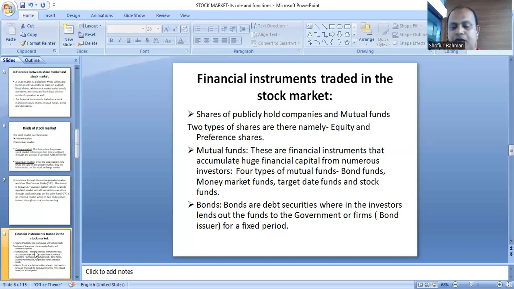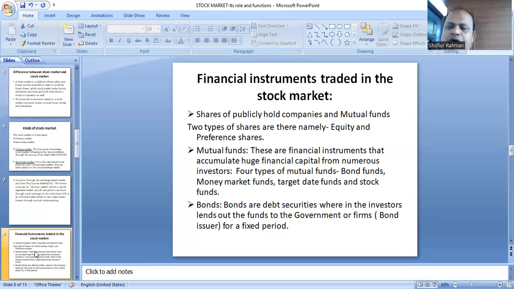And bonds are debt securities wherein the investor lends out funds to the government or firms for a fixed period. Actually, bonds are like that. When a company issues a bond, the company promises a certain amount of interest, which the company will pay to the bondholder, who buys the bond.